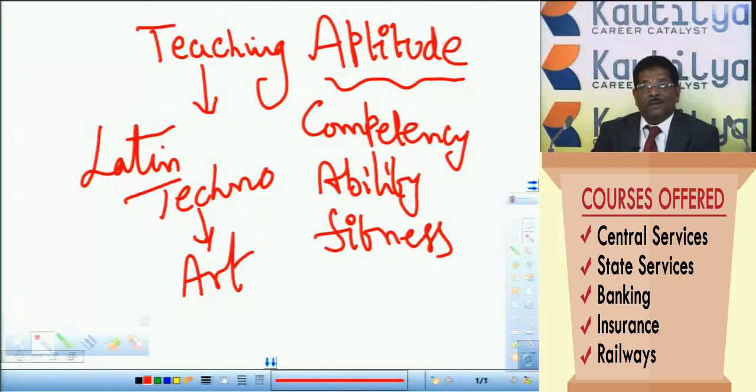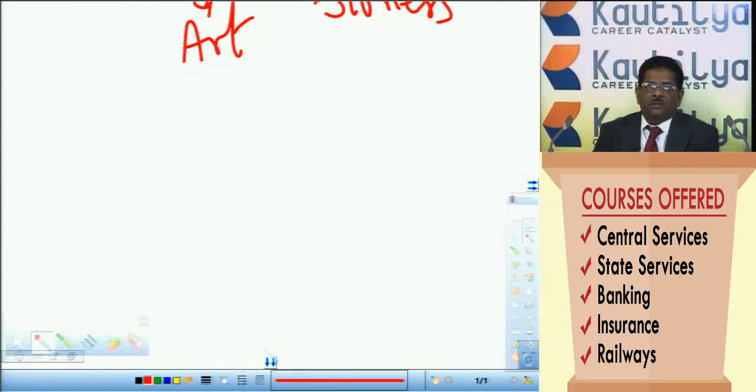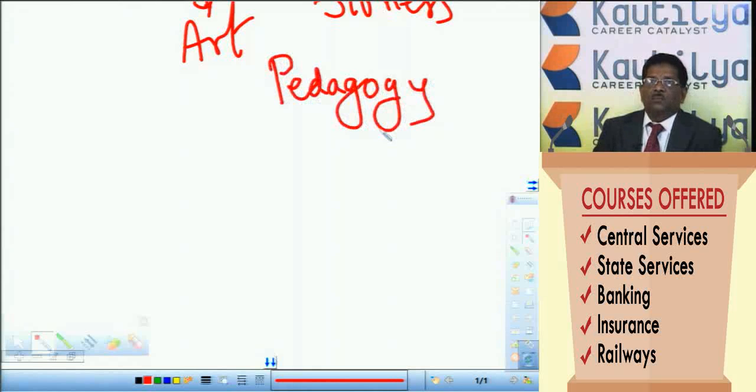In other words, any subject being taught by the teacher also comes under methodology. Technically it is known as pedagogy. This term pedagogy is derived from Greek words.